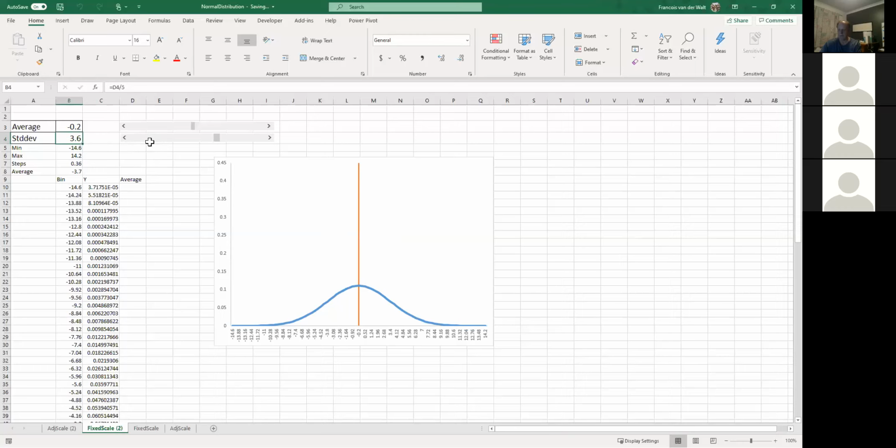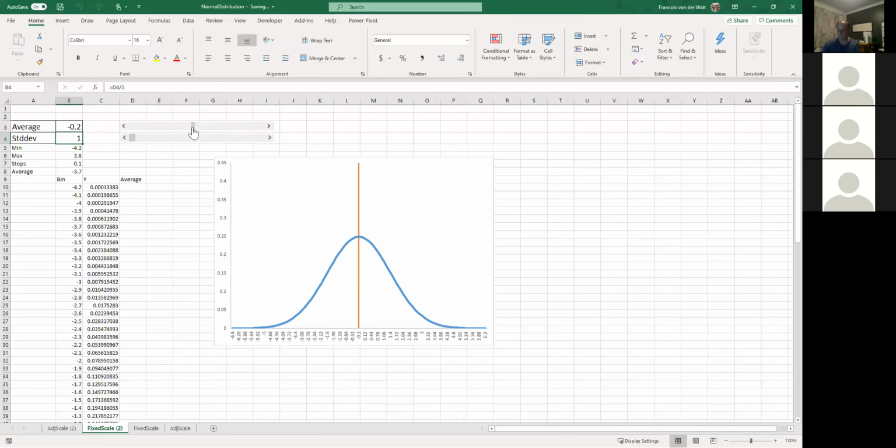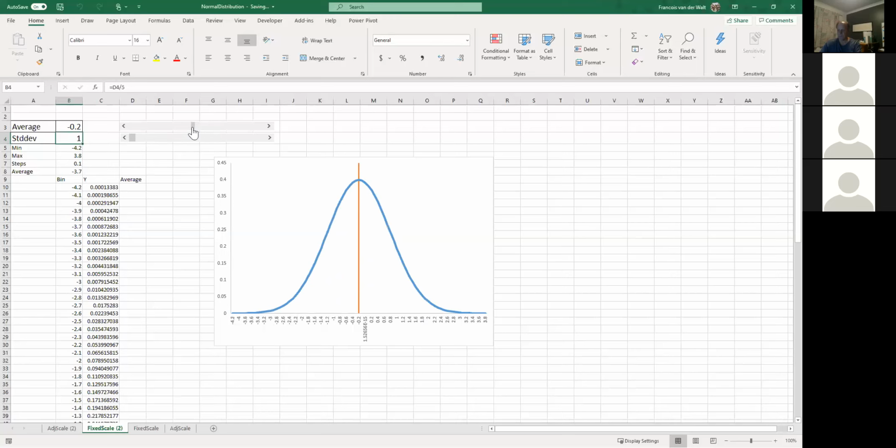And if I make it less flat, this scale can be from -4 to there. If I make it 1, there's 1. If I make it 1, and I make this one 0, 0, this is what's called standard normal distribution, and you'll see a lot about this, standard normal distribution.